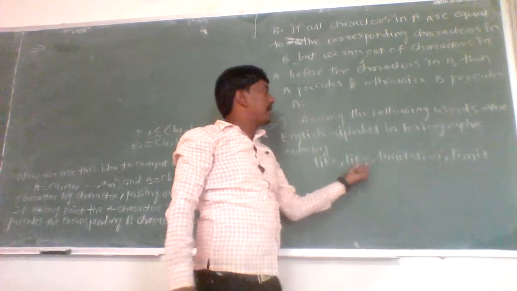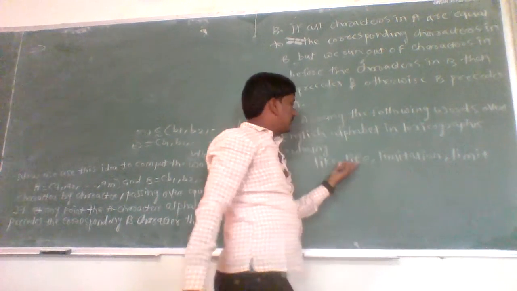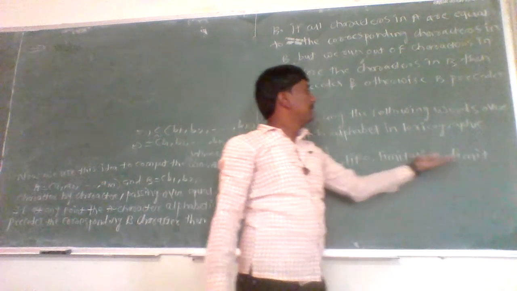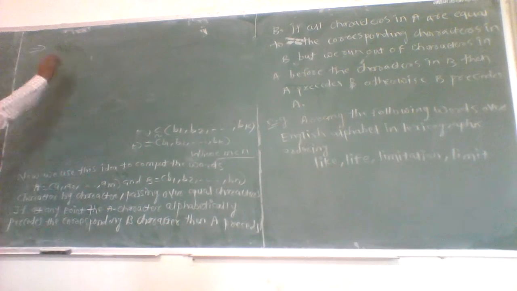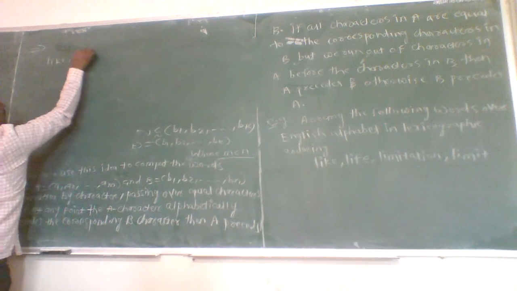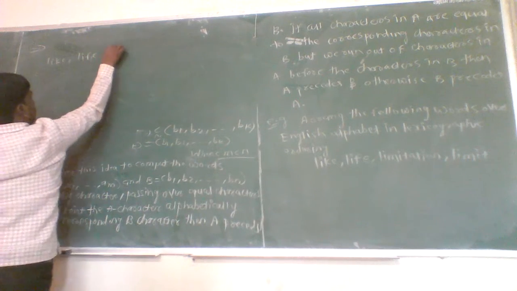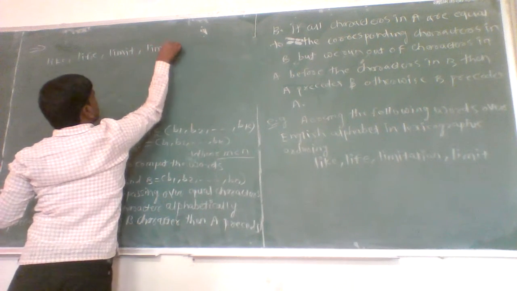Therefore, like and life are strings of length 4, limit is a string of length 5, and limitation is a string of length 10. Therefore, write according to length. First one is like, second one is life, third one is limit, and fourth one is limitation.